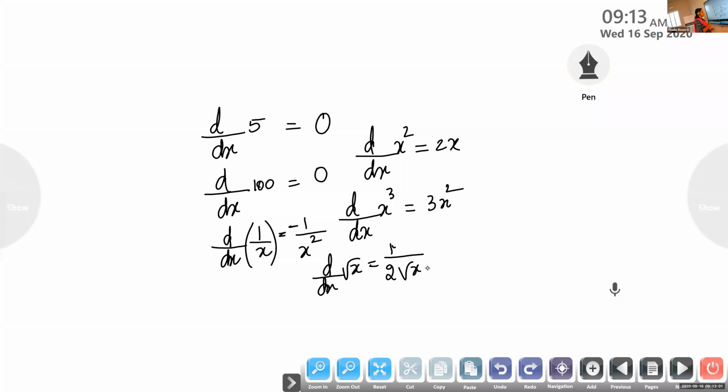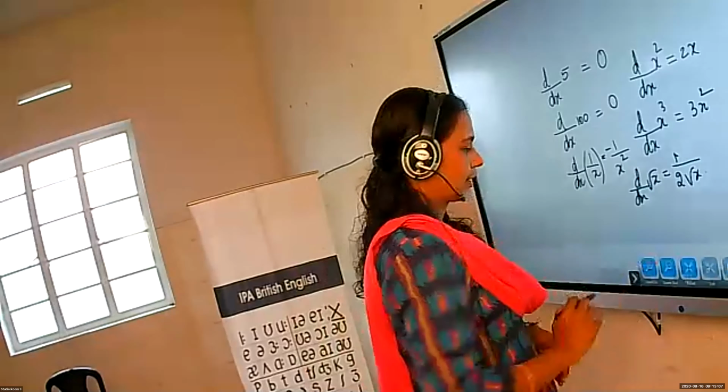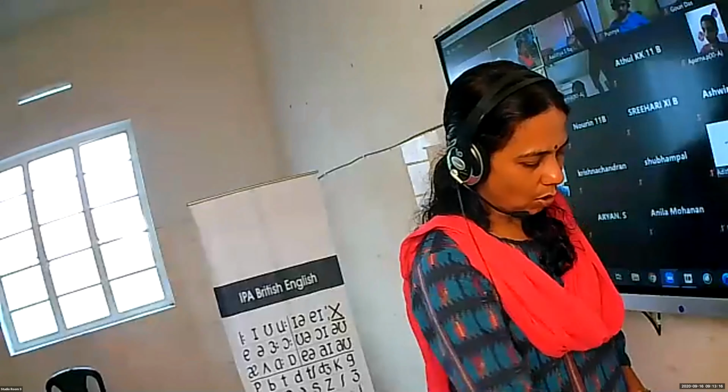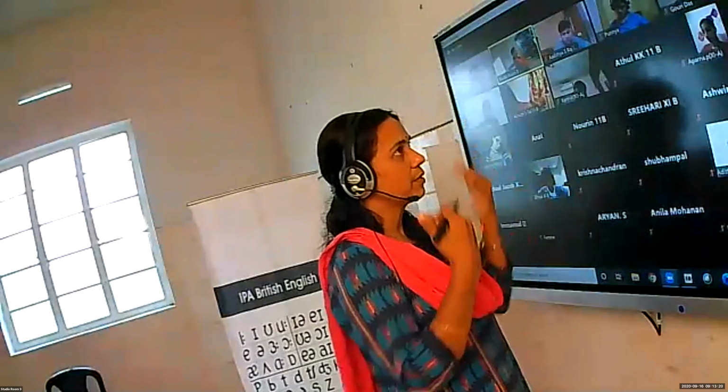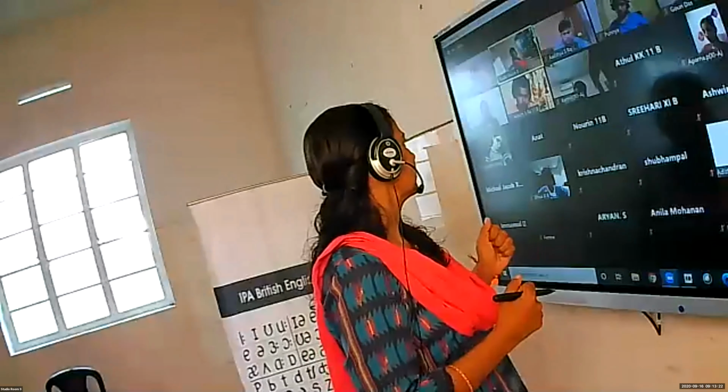Now, two more formulas. Write the next heading: derivative of trigonometric functions. We are not going to derive it; we are taking the formula as granted. For pure maths, we will prove it afterwards, after learning the trigonometry chapter.